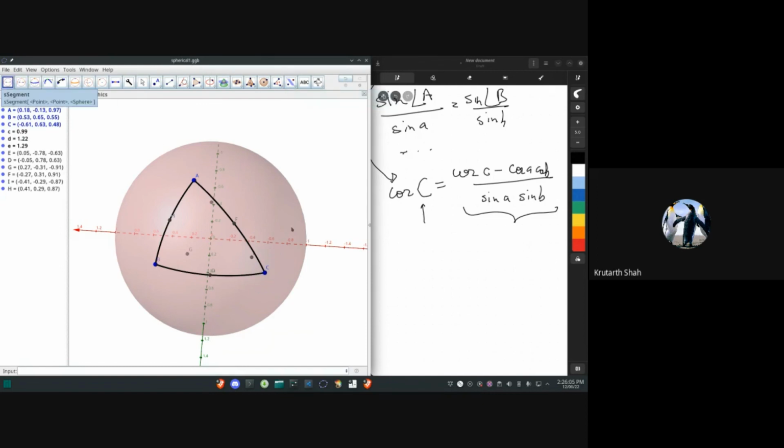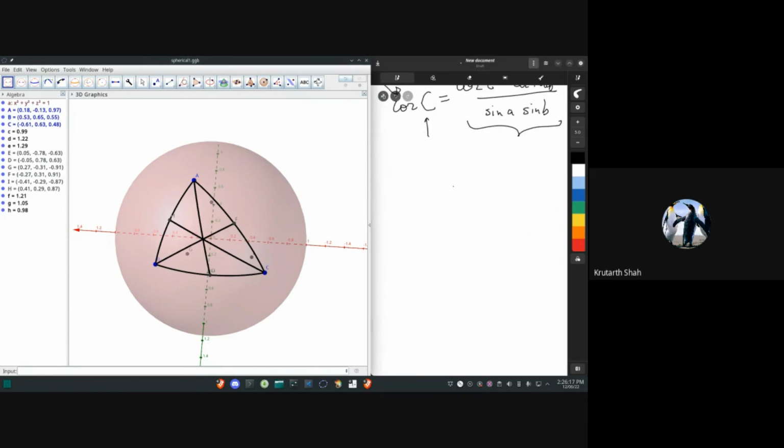So you have that these concur. Then you also have existence of incenter and incircle. Basically a lot of properties which hold in Euclidean geometry also hold in spherical geometry. So you have centroid exists, incenter exists, circumcenter exists, and so on. You can try to prove those facts.